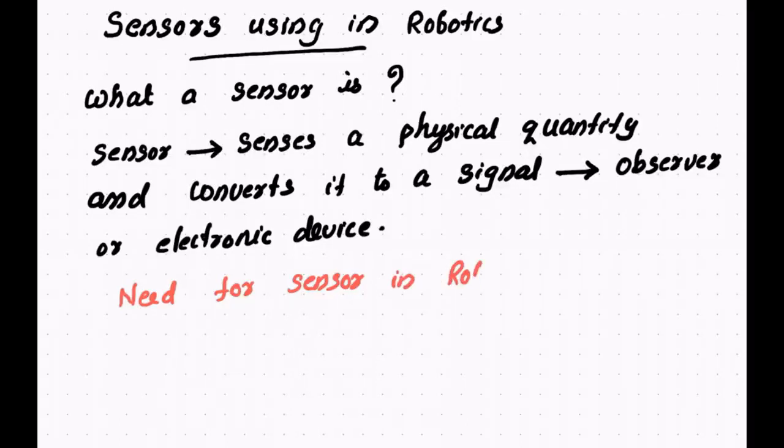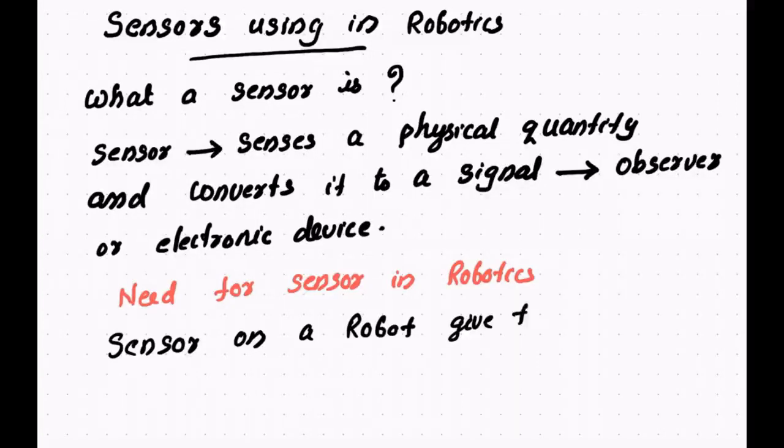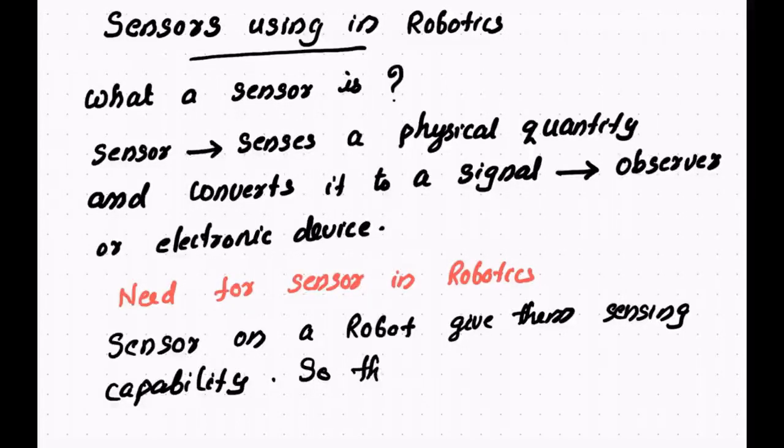Next, we can look at what is the need for sensors in robotics. The sensors on a robot give it sensing capability, which means that the robot can extract information from its surroundings and then behave based on the information it extracts.